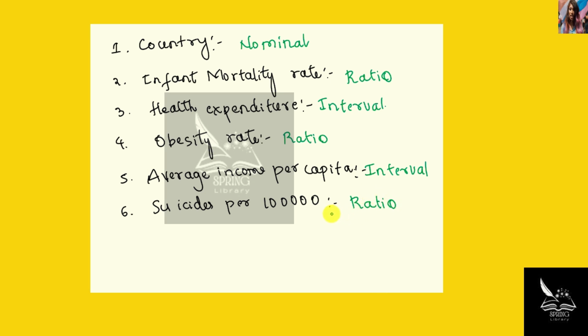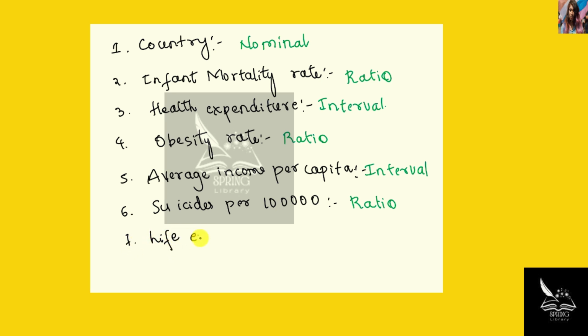The variable suicide represents the count or ratio of occurrence. It has natural 0 point if there are no suicides and the values can be compared and mathematically manipulated using ratios.